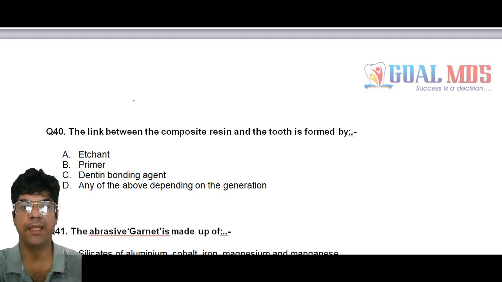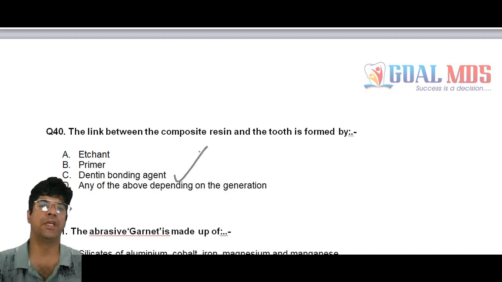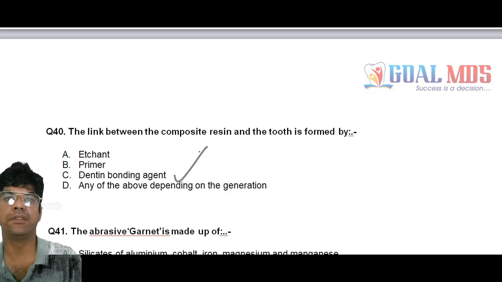The dentin bonding agent is designed to create a strong bond between the composite resin and tooth structure. So that is an important component of the bonding process.